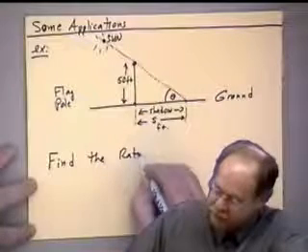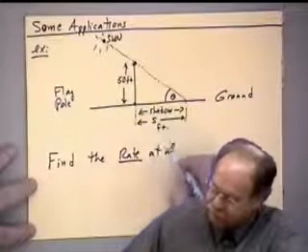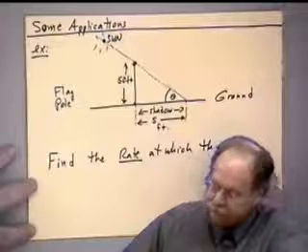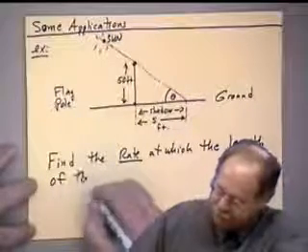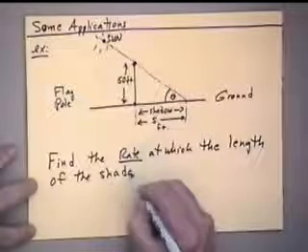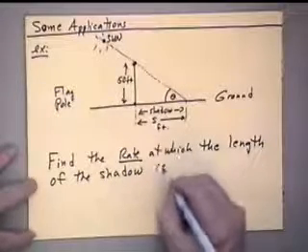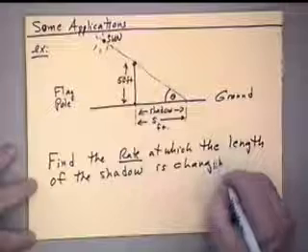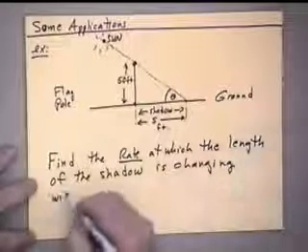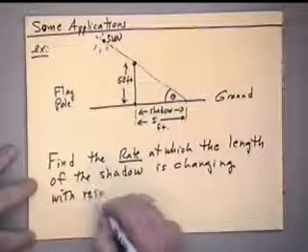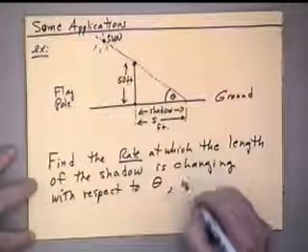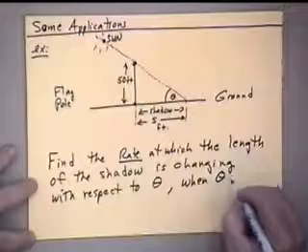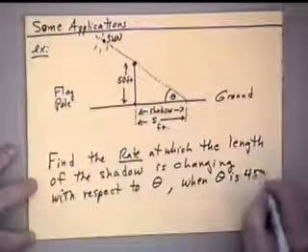Now here is the question in this example. Find the rate at which the length of the shadow, that's that S value, is changing with respect to the angle, theta, when theta is, say, 45 degrees.